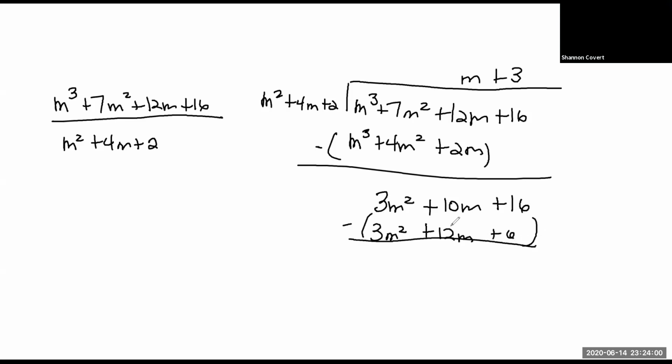When I subtract these, 10 minus 12 is negative 2m. 16 minus 6 is plus 10. So here my solution is m plus 3 plus negative 2m plus 10 over m squared plus 4m plus 2.